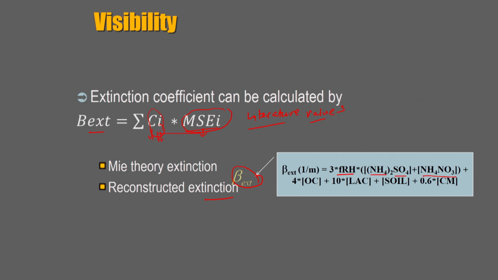Another important component is carbonaceous aerosols that we discussed in the previous lectures, like elemental carbon or black carbon, and then organic carbon. And there is coarse matter, the larger particles, that is dust. So, you can calculate the extinction.